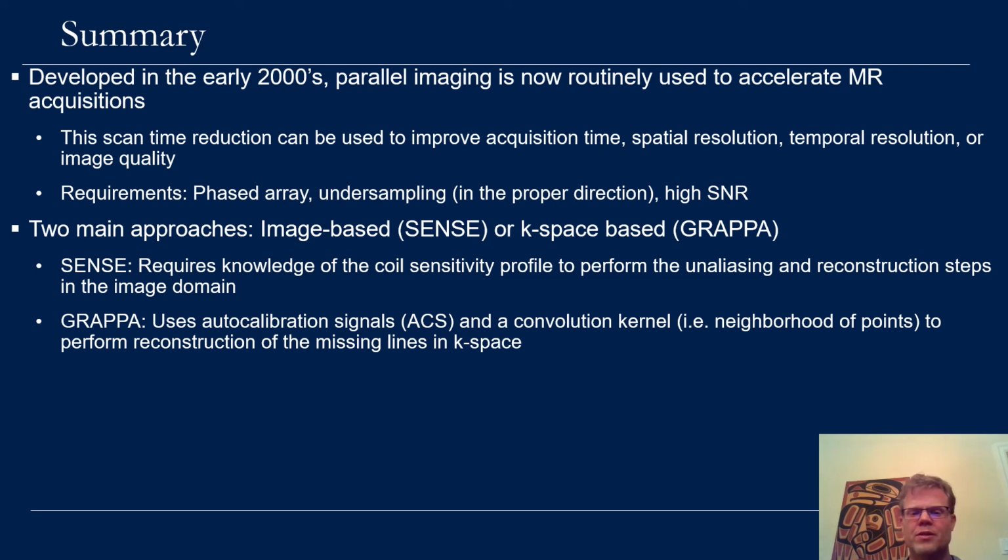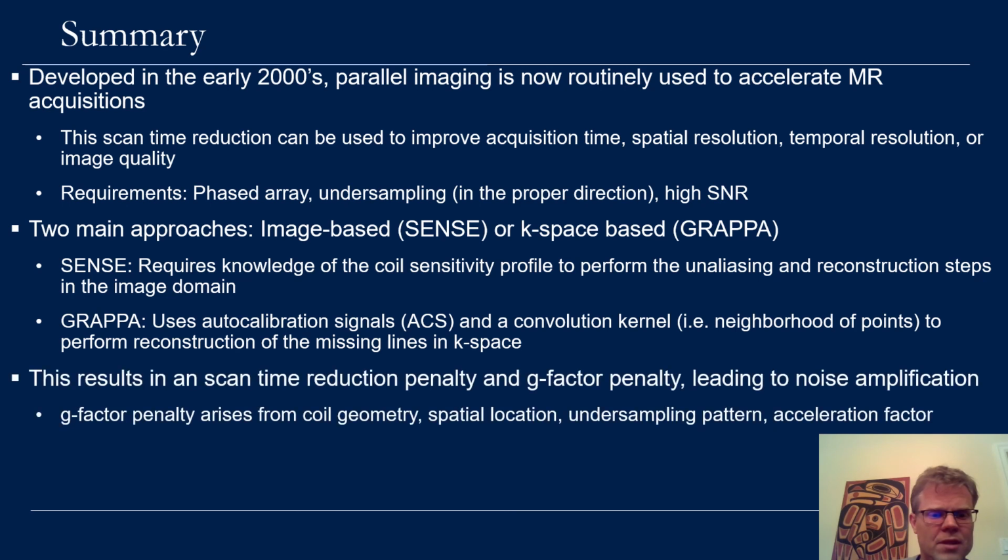And this will perform reconstruction of missing lines in k-space. And remember that we have both a scan time reduction penalty and a G factor penalty in the SNR. And the G factor penalty in particular leads to this spatially varying noise amplification that can be quite obvious, and it depends on our imaging setup as well as our k-space sampling pattern.